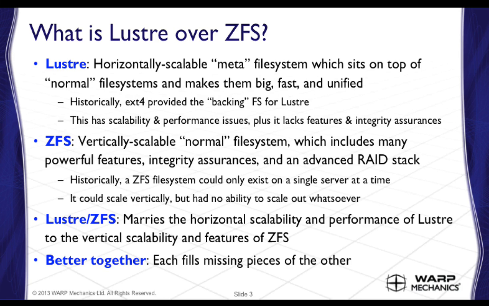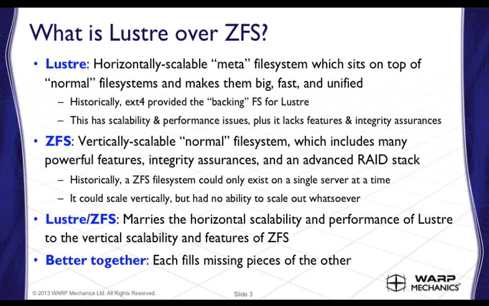Unlike ext4, ZFS has a massive number of very powerful features. It has integrity assurances, which are very important for petascale deployments. For example, every ZFS block gets a checksum in addition to having RAID protections. Which brings me to the fact that ZFS is completely integrated as a quote-unquote normal file system and an advanced RAID stack. So ZFS merges the concept of RAID protection with the concept of a file system.